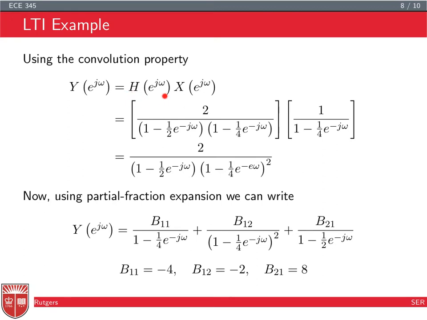The frequency response is this part here, and X(e^{jω}) for (1/4)^n u[n] is 1 over 1 minus 1/4 e^{-jω}. When I simplify things, I get Y(e^{jω}) to be 2 divided by (1 minus 1/2 e^{-jω}) times (1 minus 1/4 e^{-jω}) squared.